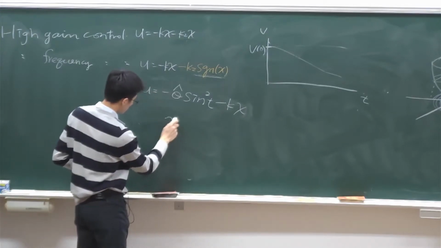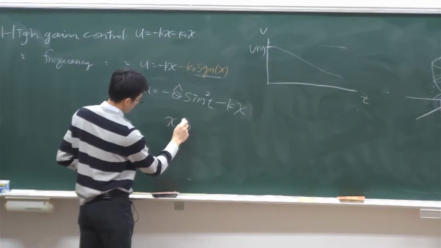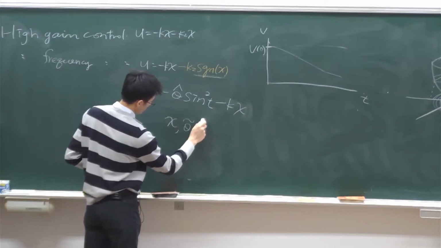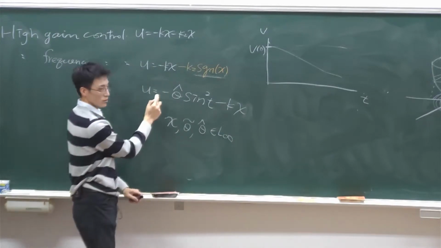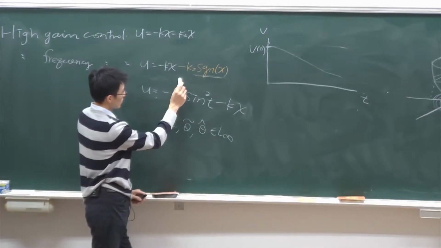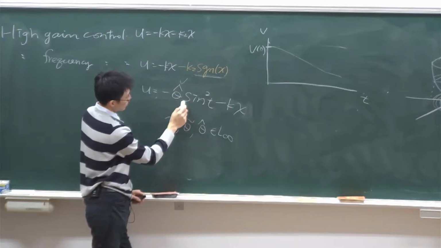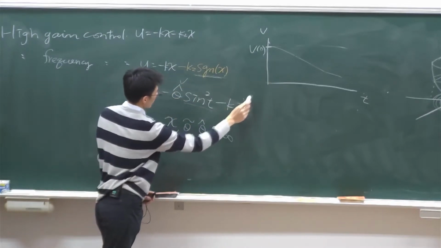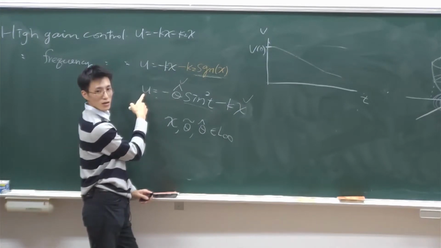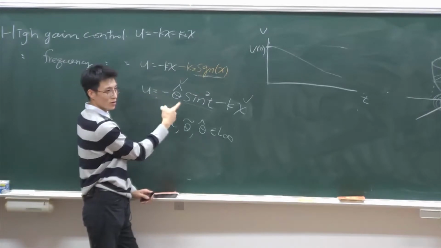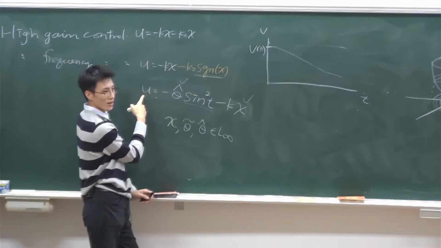We say x, theta tilde, theta hat are bounded, right? It's an equal sign. This guy is bounded, this is bounded, x is bounded, so it must be bounded. Bounded equals bounded, understand? So your control will be bounded.